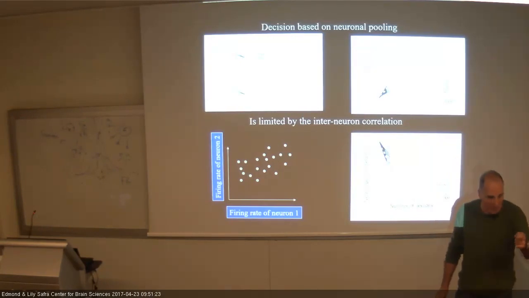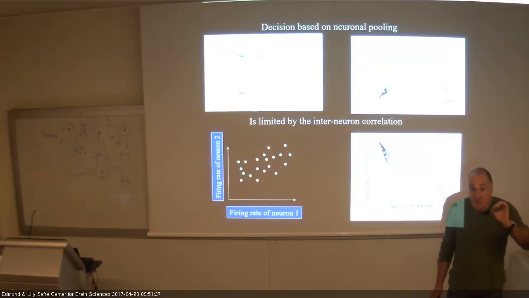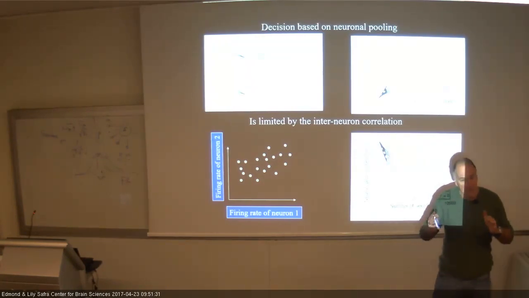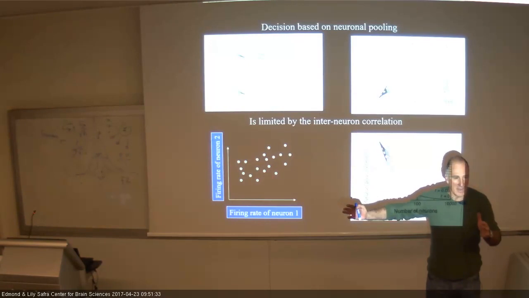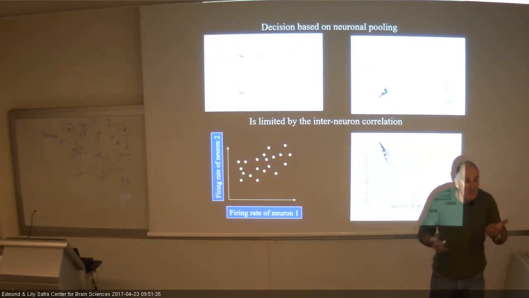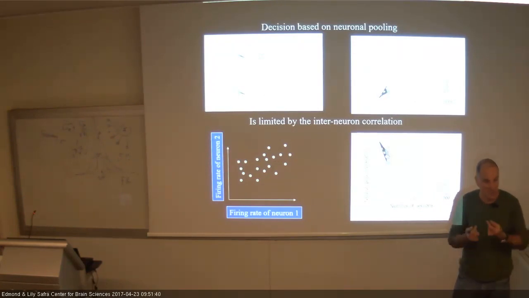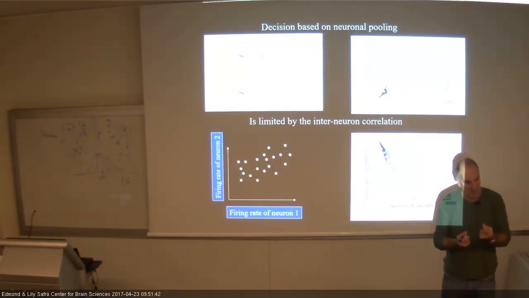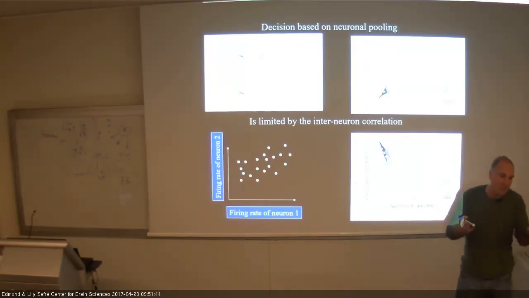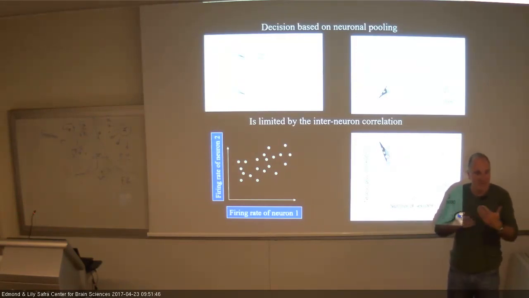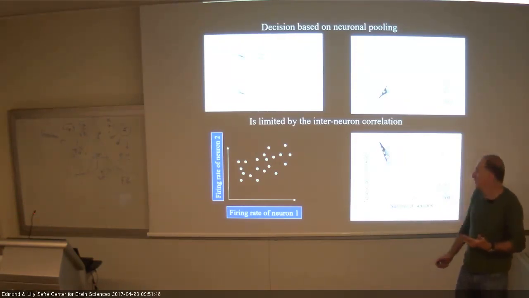I'm listening to neuron number 1, and it's a bit noisy, so it's responding somewhat differently from one trial to another. And now I'm taking number 2 or number 3 and number n, and they're completely correlated. I don't gain anything from listening to the n neuron instead of the 1 because they're completely correlated on a trial-by-trial basis. Okay? Now, if they're completely uncorrelated, of course, you're gaining more and more by adding more and more neurons.